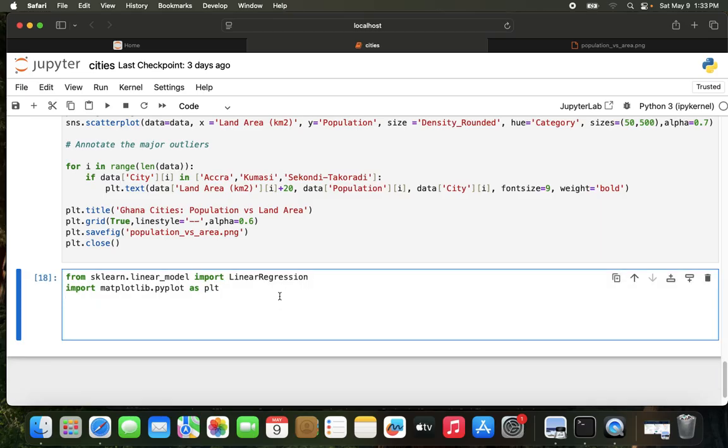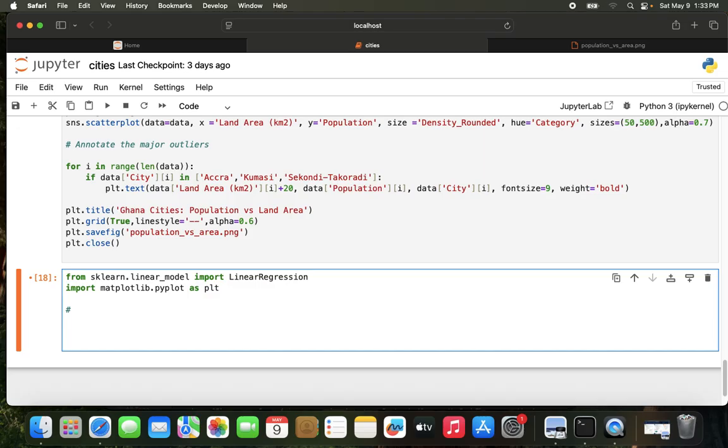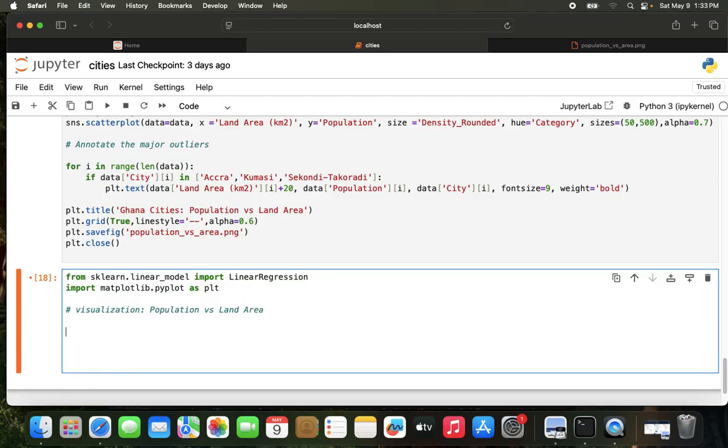Okay. So here, let's write code for visualizing our data. So I'm just going to put a comment: visualization. So we're going to be visualizing population versus land area. So let's write code for that. Then we're going to plt.figure.